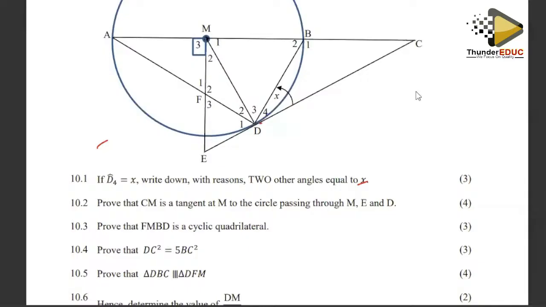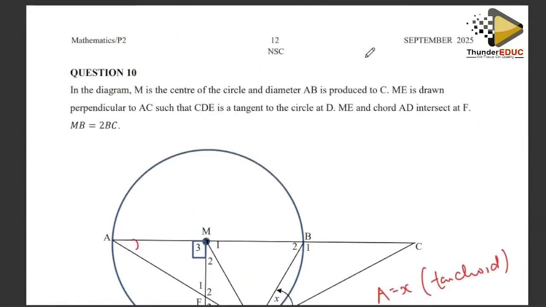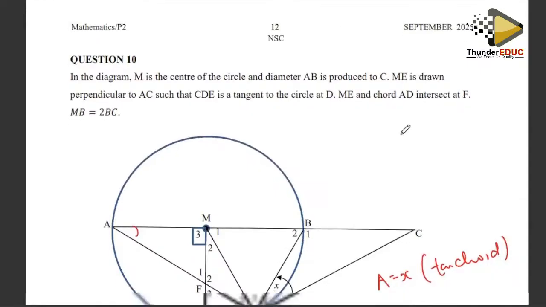This is a tangent, so the angle A is going to be X. So A is X, and we're going to say it's a tan chord. Then, which other information were we given?